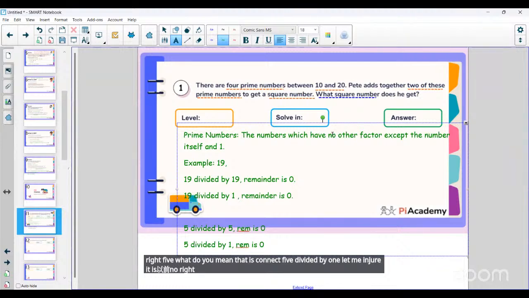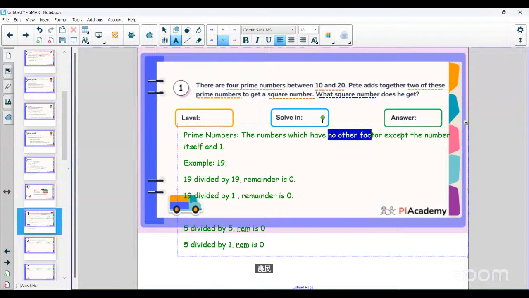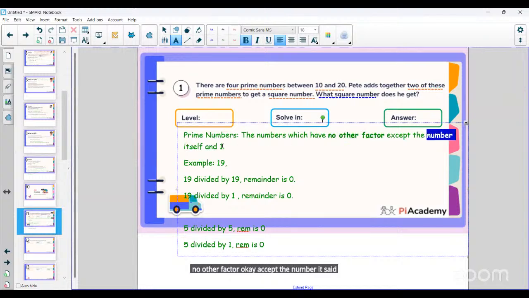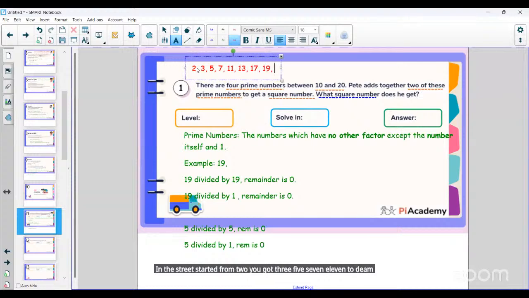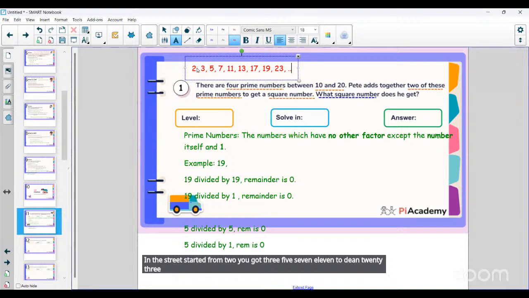So the numbers which have no other factor except the number itself and 1 are prime numbers. Understood? So if we list the prime numbers, you start from 2, then 3, 5, 7, 11, 13, 17, 19, then 23, and so on.